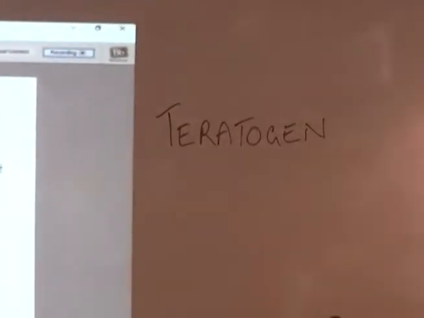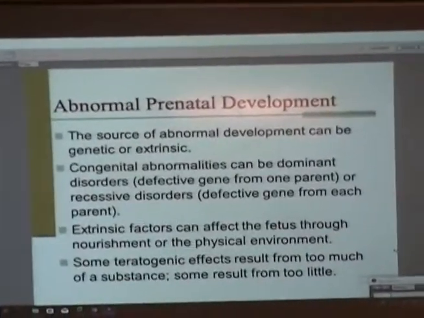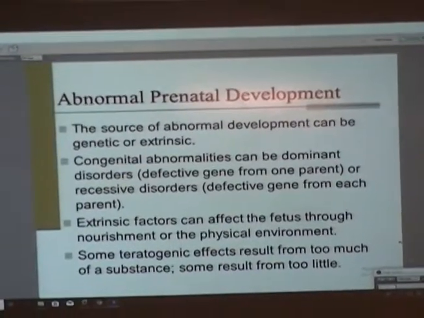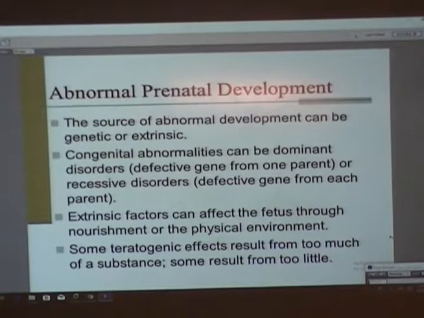Okay, so a teratogen could, as I said, be a virus, could be a drug if mom smokes, could be chickenpox, right, or German measles. Okay. So they get access to the baby via the placenta, and then they act as an agent that produces some malformation in the baby.